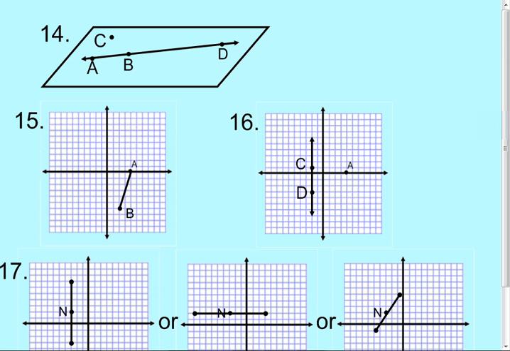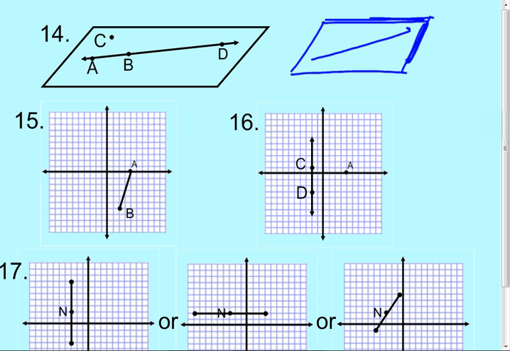Number 13, draw a plane. So there's the answer, but I would draw a plane. I usually like to give mine a little thickness here, even though planes don't have any thickness. That's just the way I'm used to seeing them. And it says I have 4 coplanar points, A, B, C, D, and A, B, and D lie on a line.